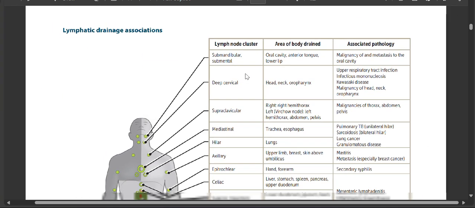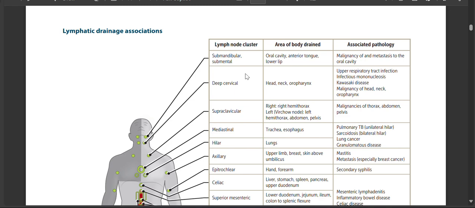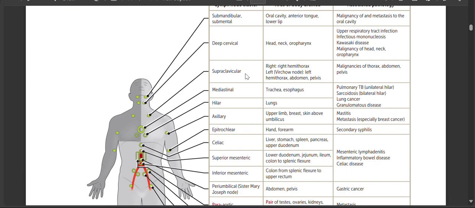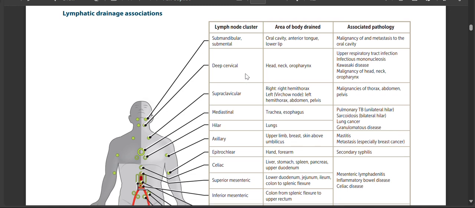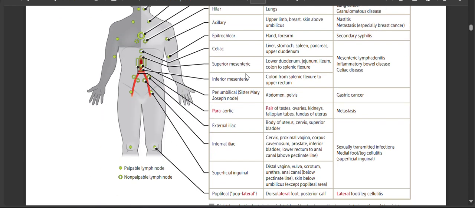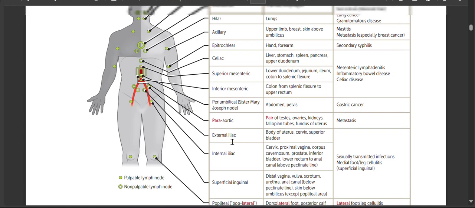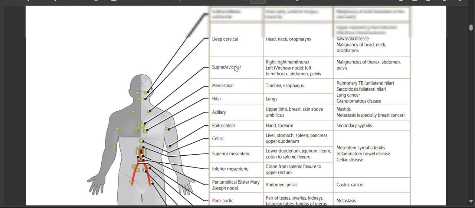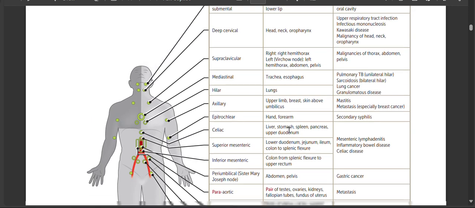Yeah. Now, sadly, you do need to remember all of these. Not in depth. You don't really need to remember all of these lymph node drainages in depth, but it's good to have a general understanding of these lymph nodes. So this is something that you will sadly have to memorize. This entire table, you do need to memorize it.